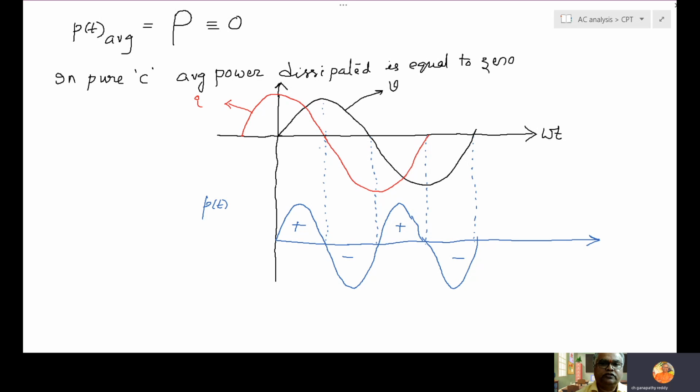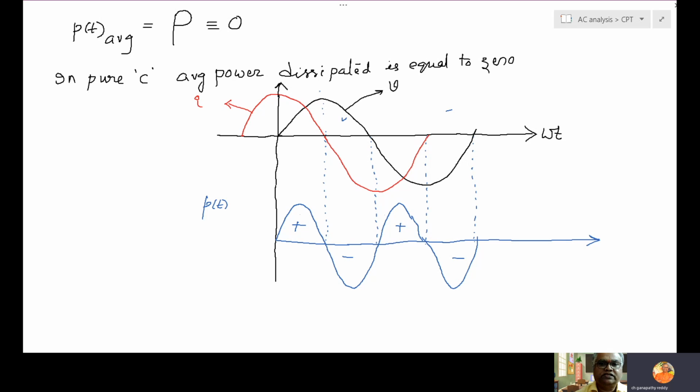Why? Here positive, positive product is positive. Here positive but negative, product is negative. Negative negative product is again positive, and positive negative product is again negative.